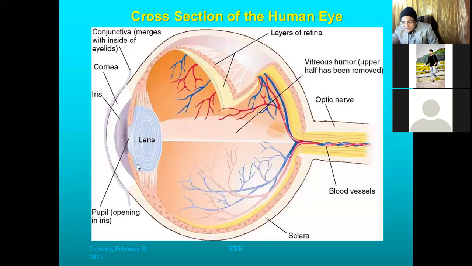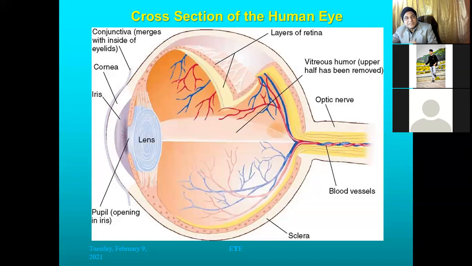This lens is made of a material which is more elastic, and due to the elasticity, the focal length can be changed. Through this elasticity, the lens accommodates its focal length, and it will increase or decrease as per the position of the object, when the object is near to the eye and when the object is far away from the eye.